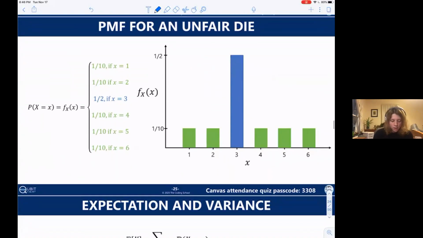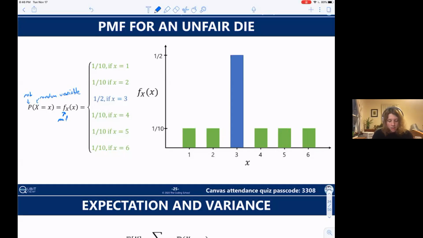Now we're looking at the PMF, or the probability mass function, which is what we defined before for an unfair dice. This is our probability, this is our random variable, and this is our PMF.